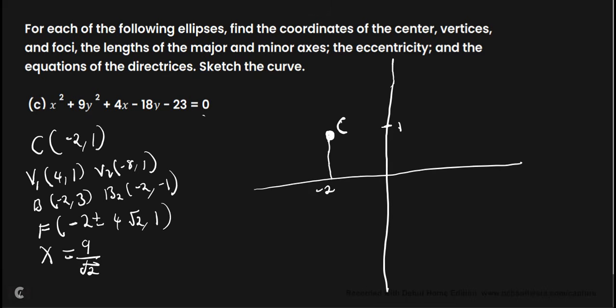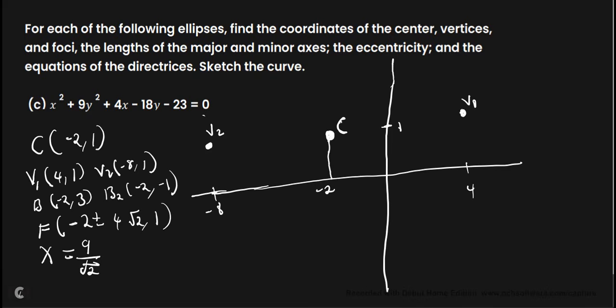I can just make this 6. Then V1 is 4 comma 1. Then the other one is negative 8 comma 1. So this is 2 and this is 1, like that, right?